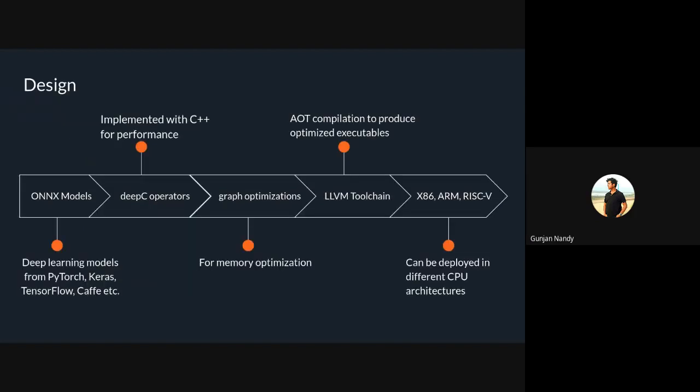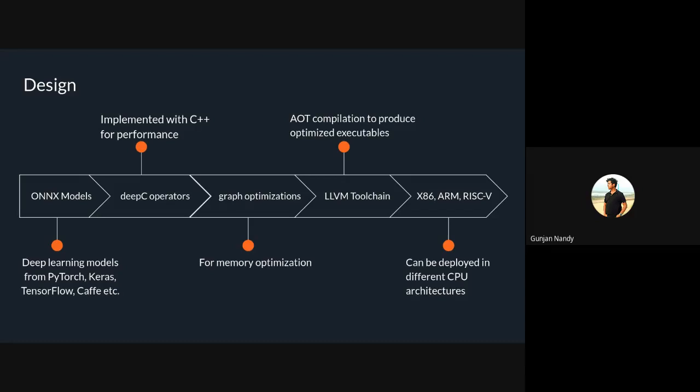Let's go through the design. On the first step, we can see we have the ONNX models. Deep learning models from different kinds of frameworks will be converted to ONNX models. Currently, we are supporting TensorFlow, Keras, and PyTorch natively. For other models, you need to first convert them to ONNX so that our deepC compiler would be able to compile those models.